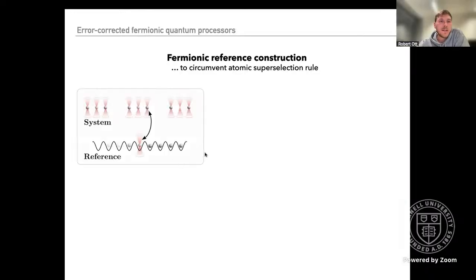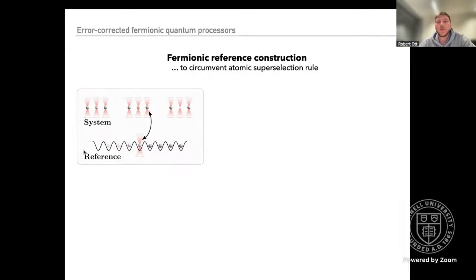So we define something that we call a fermionic reference over here. And so the kind of scenario that we have in mind is that you might have a processing unit in your system where you have optical tweezers. They can do fast rearrangement and exchange of modes.